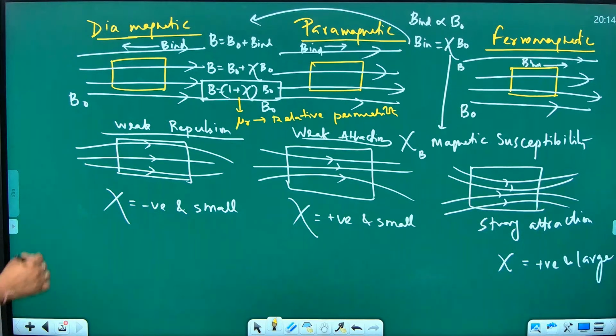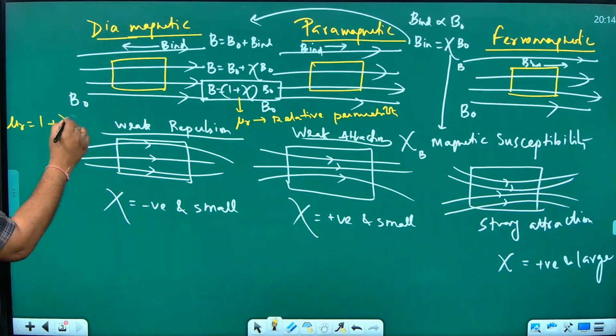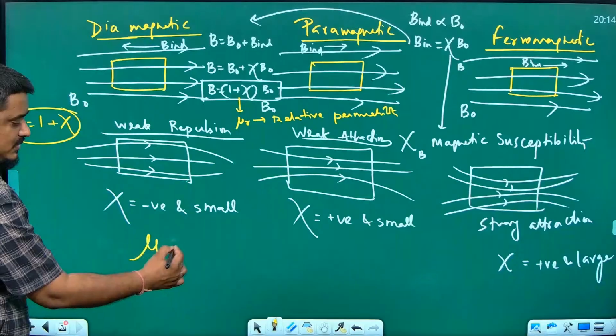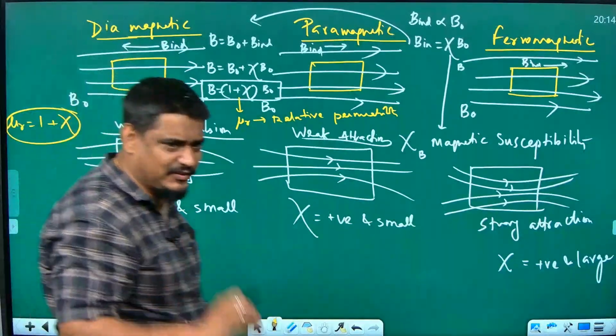The formula of mu r came to be 1 plus chi, isn't it? Imagine chi is negative, so it will reduce the value of 1, and small, which will make my mu r slightly less than 1.